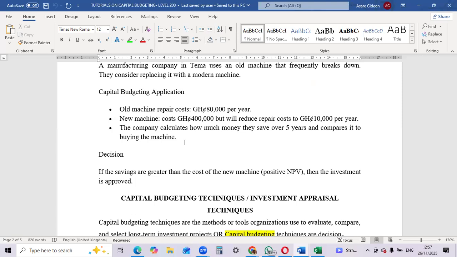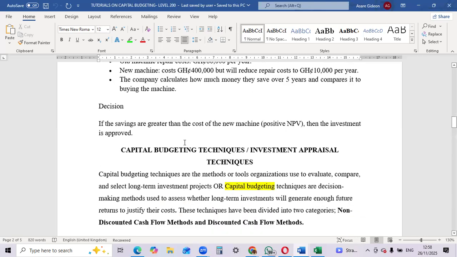So it's very important that we purchase the new machine. Are you getting the point? It's very important that we purchase the new machine to that effect. So let's continue.